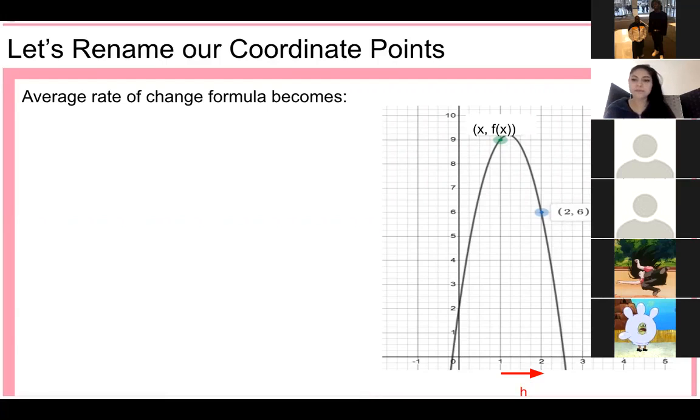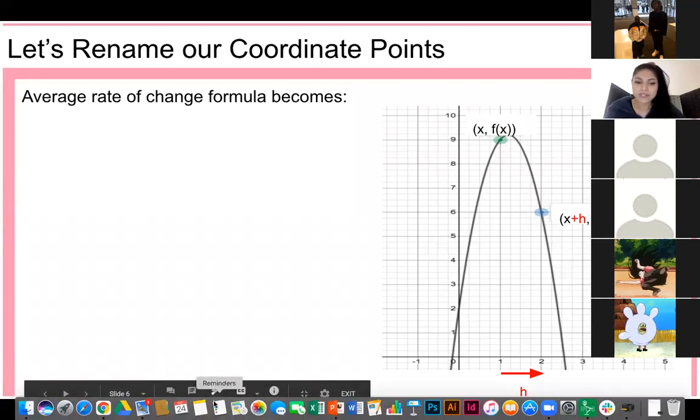If that's the case, then we can rename the second point to be x plus h, because it moved over, plus h, comma, f of x plus h, because that's the thing you're going to plug in to get your y. Does anyone have questions about this? Right now, all I did is rename them to make this applicable to any 2 points for any function, because we're going to create a formula right now. So let's see if anyone has questions.